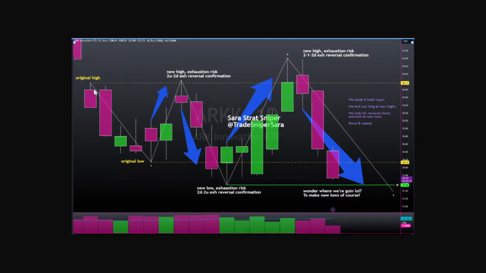So you can see this little white line. You have a low, a high, a new low, a new high, and then they're trying to make a new low. So this is how we do the opposite of what breakout traders are taught to do, because once a new high is made here, breakout traders are going long.